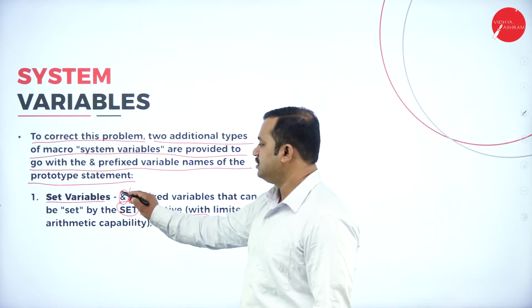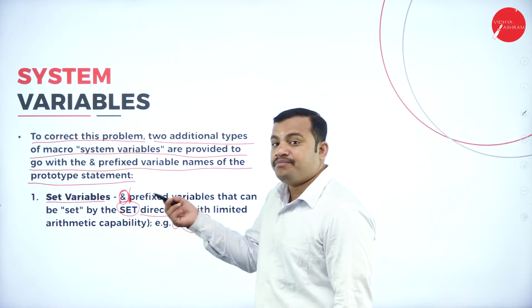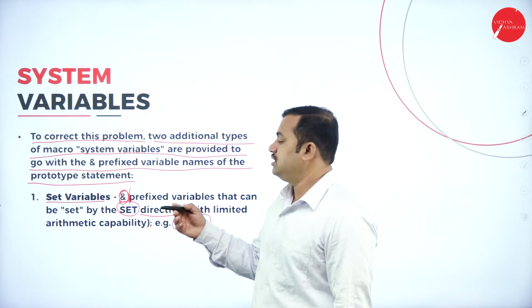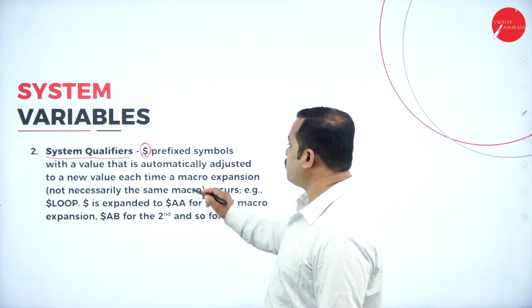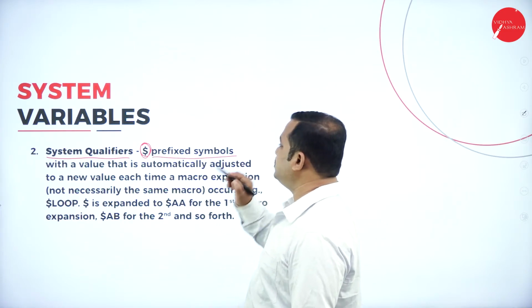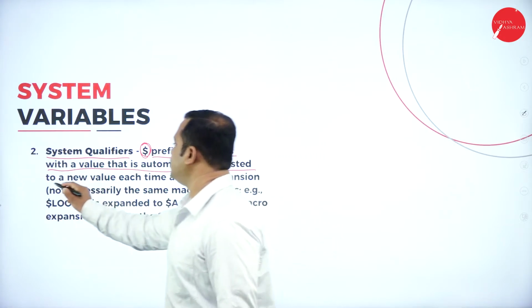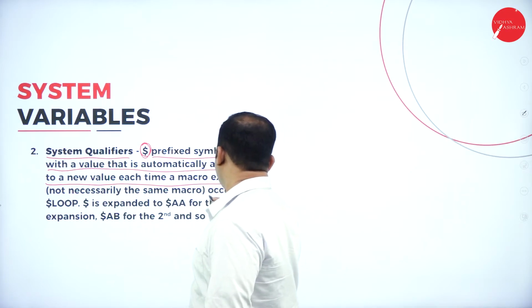The first one is the ampersand symbol, set variables. The other solution which they came up with is system qualifiers. These system qualifiers are prefixed symbols with a value that is automatically adjusted to a new value each time a macro expansion occurs.